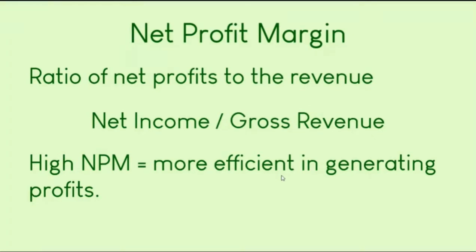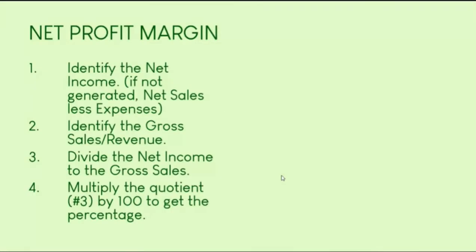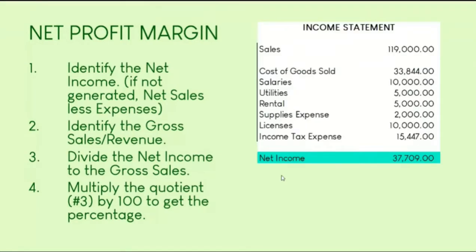So for example, remember that this is just the vertical analysis, but we call it the net profit margin. Vertical analysis for the net income. So step one, we identify the net income. So if it's not generated, kung ang binigay sa inyo is just a trial balance, you must generate first the net income by deducting all of the expenses to the sales account.